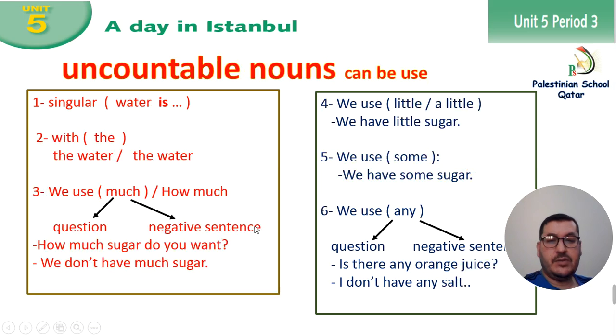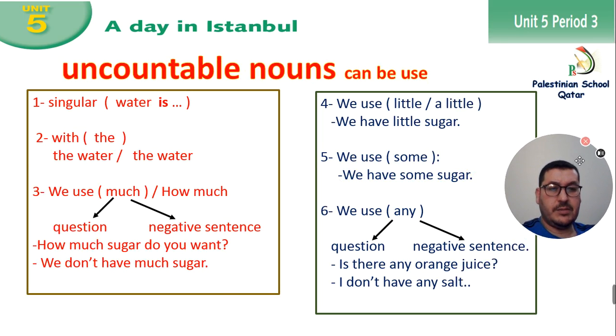Now when we come to the uncountable nouns, they are the same in some cases as the countable nouns, but look, the uncountable nouns can be used with number 1, singular only. I can say water is, but I cannot say waters are.